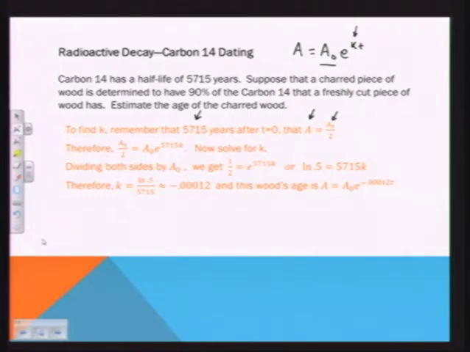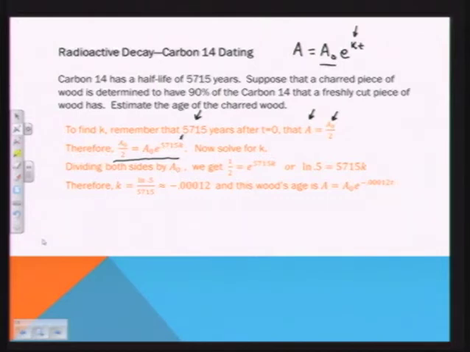So A equals A sub 0 over 2, half of the initial amount, will equal the initial amount times e to the 5,715k.